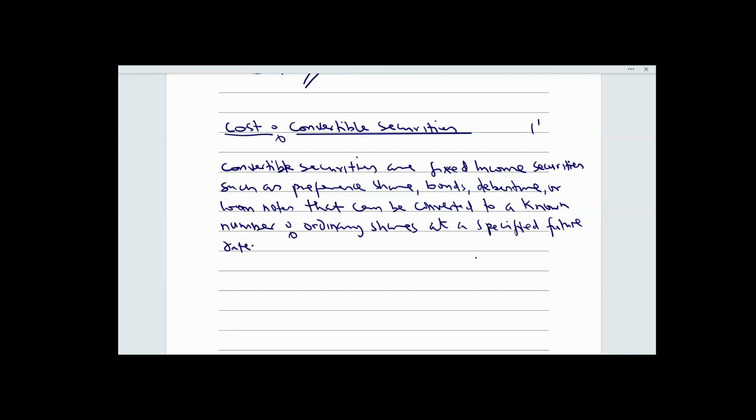So that is what is meant by convertible securities.